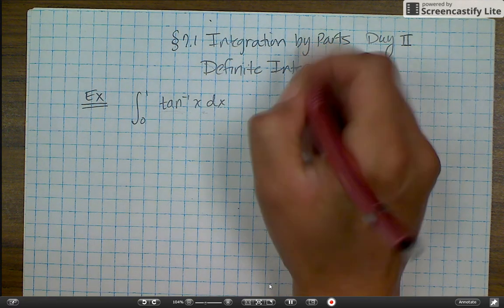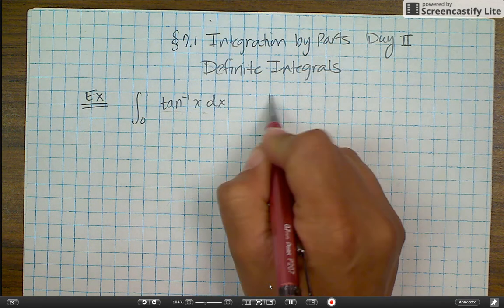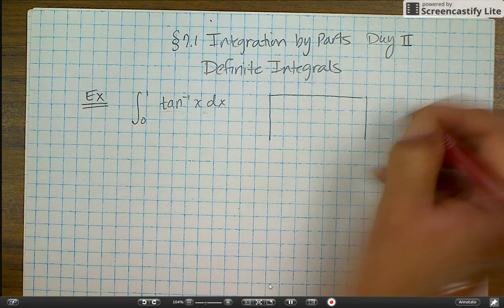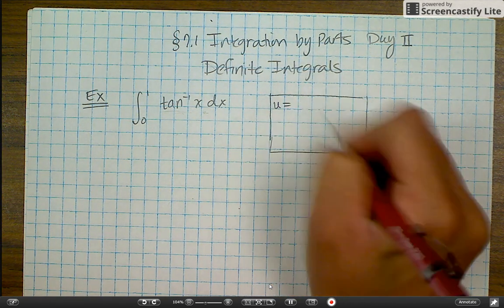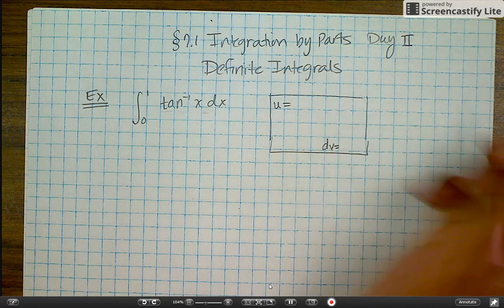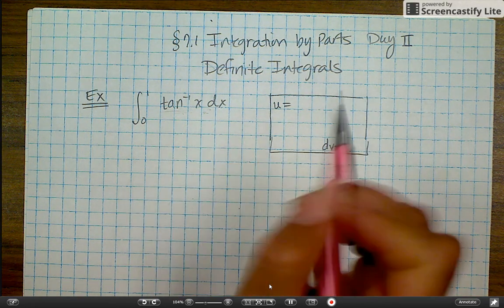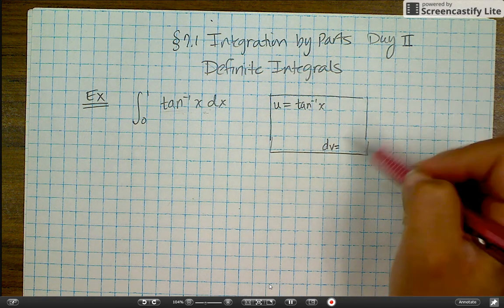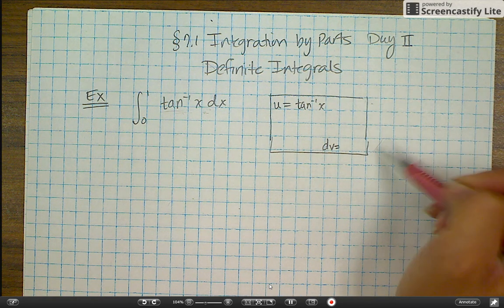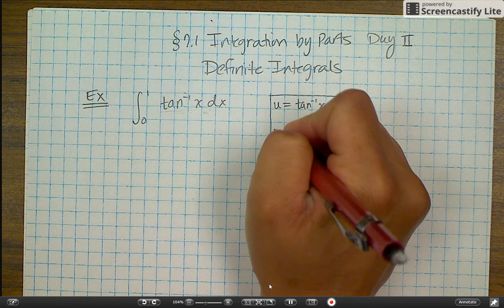So that is one of the main reasons why we use integration by parts, because it helps us go around that situation. What I would do is set up my u and my dv. Clearly, my u has to be tangent inverse x, because if I put that in dv, I won't know the antiderivative of it. So what is du?